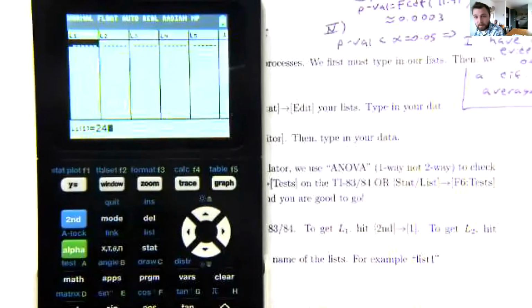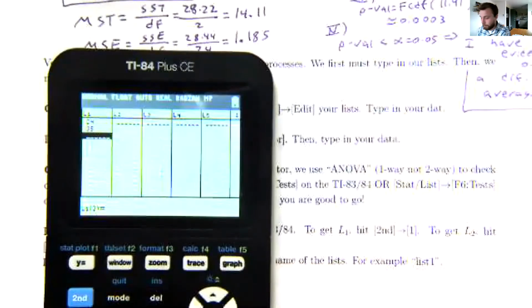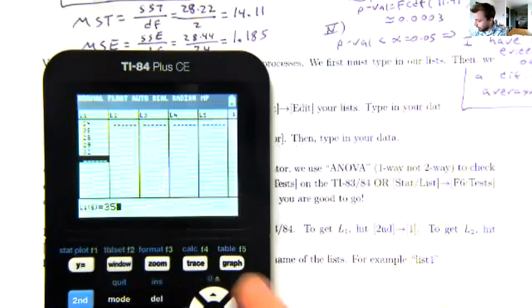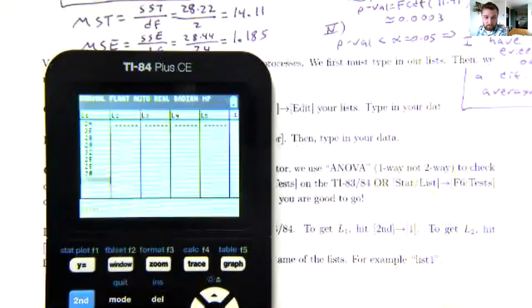In list 1, I'm going to type all of the amounts that I had for Anna. I had 24, I had 35, 28, 29, 32, 25, 25, 28, 24, and 32.